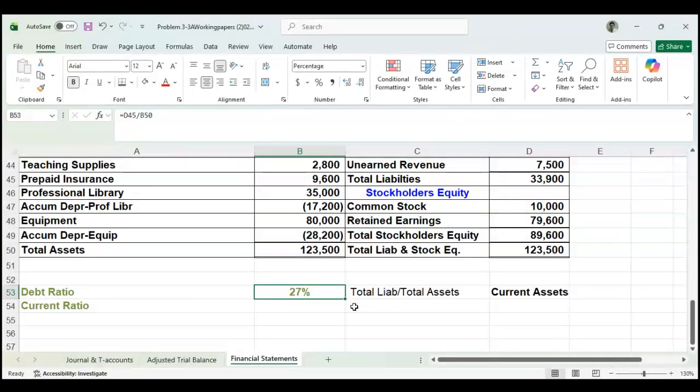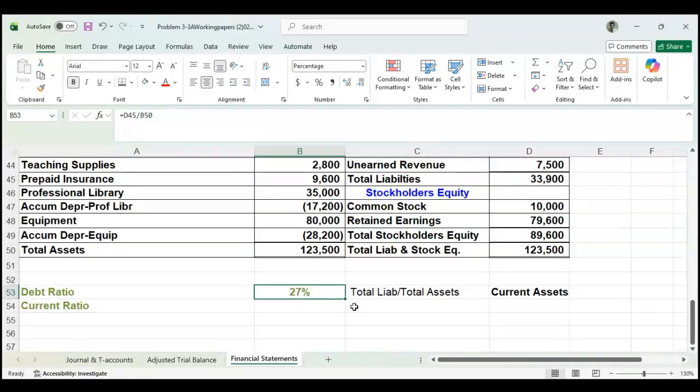Now, this is something we would have to check against other years and the industry as a whole to see if we're good, but that's a pretty good debt ratio, right? Now, certain industries may have very high debt ratios, like a bank, right? Because deposits are considered to be liabilities. Or, a lot of retailers have a very high debt ratio because a lot of their assets are tied up in inventory.